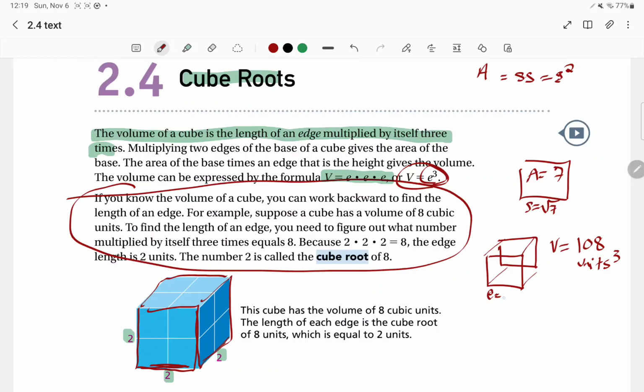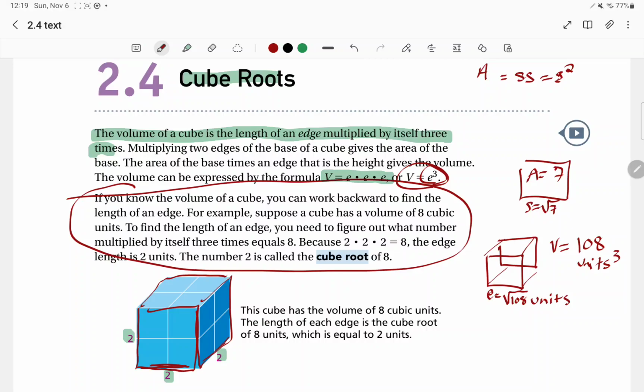You can find the edge length just by taking the cube root of the volume. So the edge length would be the cube root of 108 units, whatever that might be. You can plug it in a calculator, but it's unnecessary. We can just keep it as the cube root of 108.